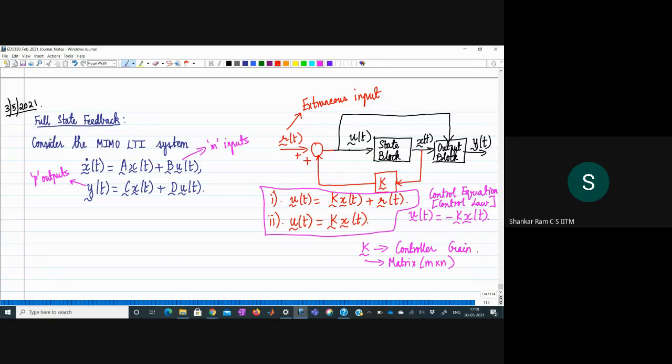Now, what is the problem statement or the task at hand?